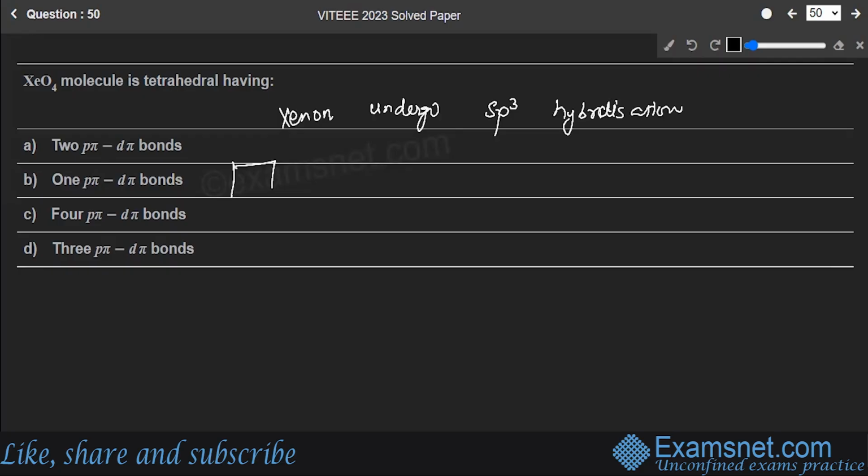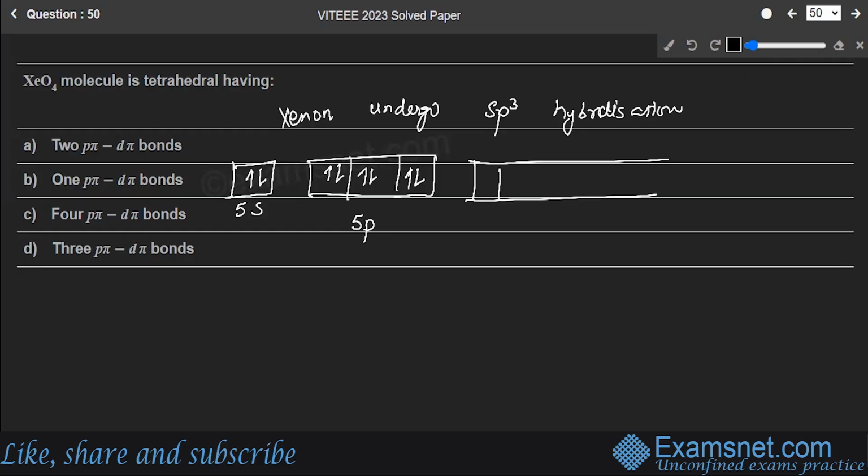See, xenon has 5s with 2 electrons, and 5p and 5d. This is 1, 2, 3, 4, and 5. This is your 5d.